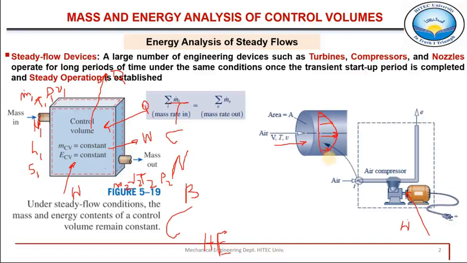So the actual velocity distribution is like this, but we assumed it to be a constant or averaged velocity. We assume an averaged velocity over the whole cross section of this duct or pipe or passage. And we are assuming that the fluid is flowing in one particular direction, it could be x.